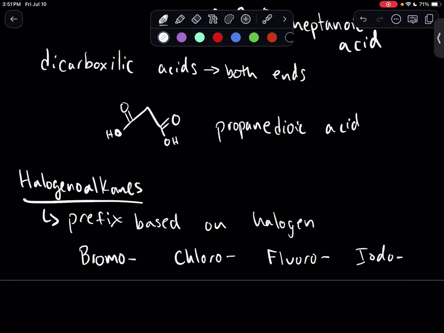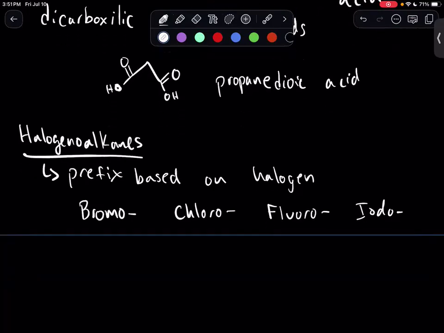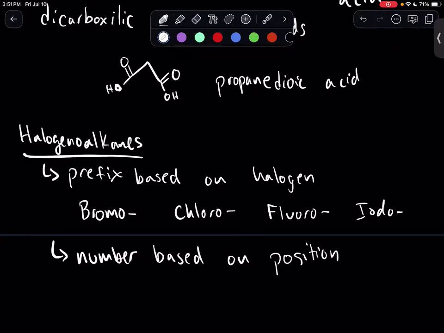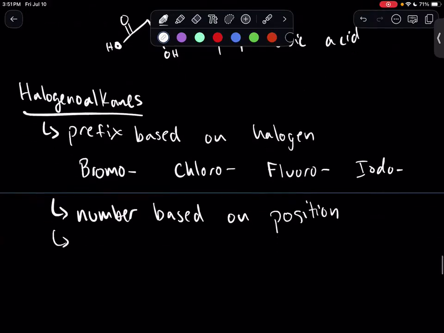If you are keen of sight, you'll notice they're alphabetical, and I'll come back to that in just a moment. They do need a number based on position and a prefix based on amount.